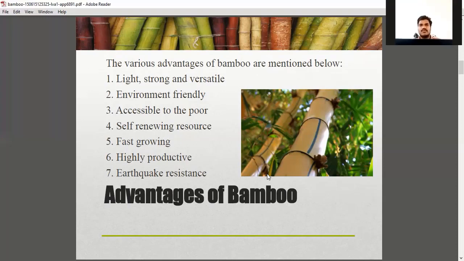Many poor people are constructing houses or other structures using bamboo only. It is also a renewable, self-renewing source. And as I told, it is the fastest growing tree, so it is highly productive. And I already told it is earthquake resistant. These are the advantages of bamboo.